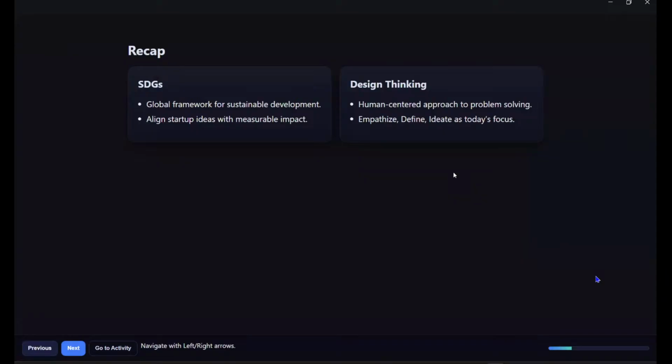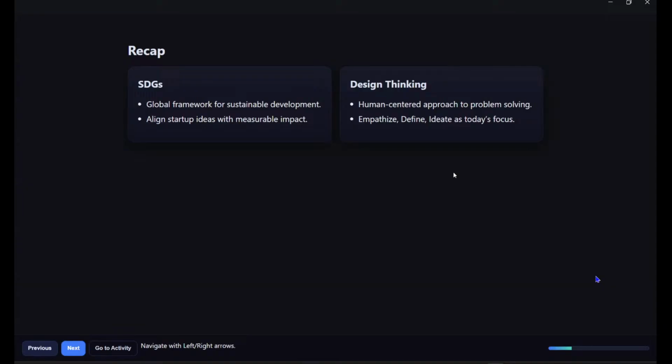That means nothing unless you say that within the next 5 years, it is going to solve the plastic problem, and we are expecting to remove 15,000 tons of plastic from the earth. So we are talking about the impact here, right? It is not just an idea. We have to talk about the impact, especially when it comes to sustainable development goals, especially when it comes to the ideas related to that.